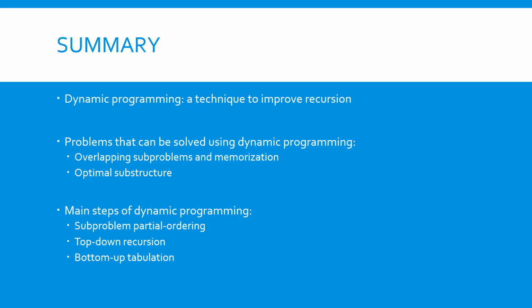DP is a technique to improve naive recursion. Given a problem, we can likely solve it using DP if it has overlapping subproblems and an optimal substructure. Finally, a DP algorithm usually contains three main steps. They are subproblem partial ordering, top-down recursion, and bottom-up tabulation.